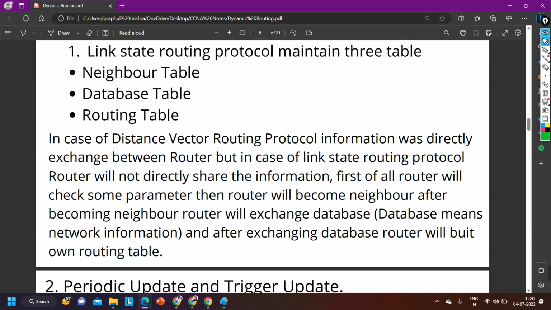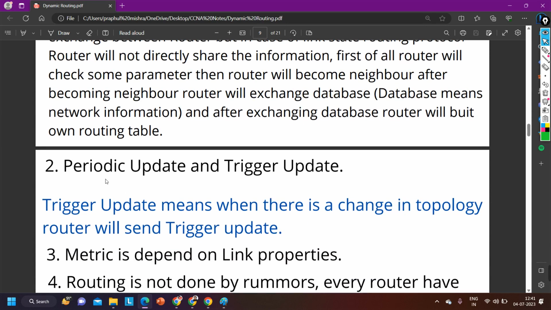Getting my point? In link state routing protocol, we have some periodic updates as well, and we have some trigger updates as well. Distance vector protocol shares periodic updates only, yes or no? It always sends periodic updates. But link state routing protocol can send trigger updates, means whenever a change occurs, only then it will send the update message.